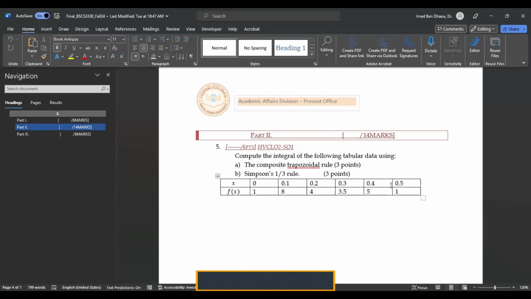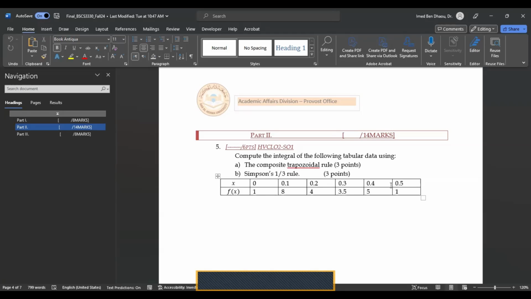All right, the composite trapezoidal rule involves using the formula h/2 [f(x0) plus 2f(x1) plus 2f(x2) plus ... plus 2f(xn-1) plus f(xn)]. In your case, h is 0.1, and the f(x) values are 1, 8, 4, 3.5, 5, and 1.